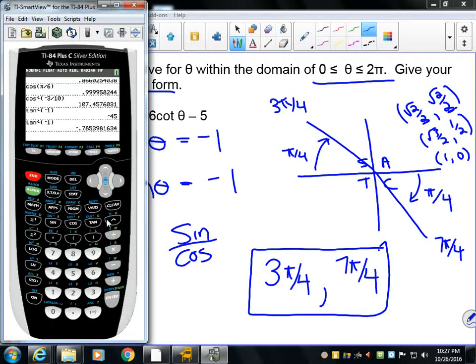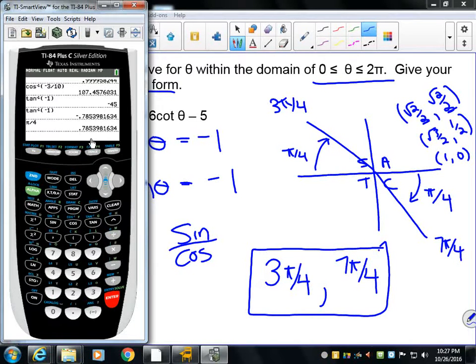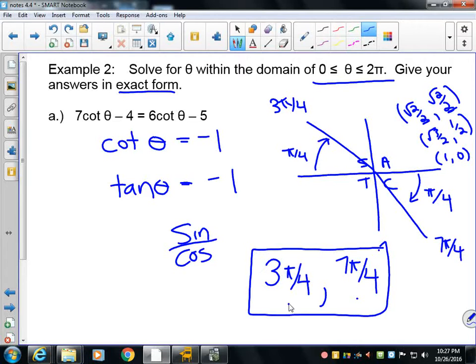But if I go pi divided by 4, it gives me that same weird decimal. So your calculator gives you radians, but it doesn't give you pi radians, it gives you decimal radians. So it's kind of nice just to be able to do exact values in this sense. It's easier using your unit circle. I don't know how many times I can tell you that.